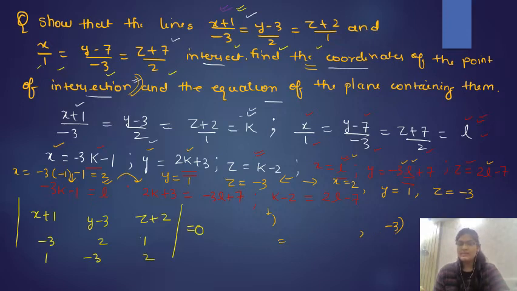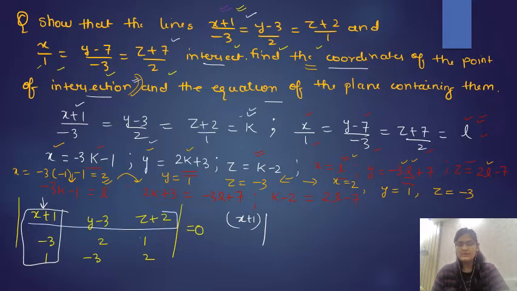So let's see how it goes. You know how to solve a determinant, right? First of all, you need to take this first row, let's say the x plus 1 element, and then you have to hide its row and column. This is column, this is row.